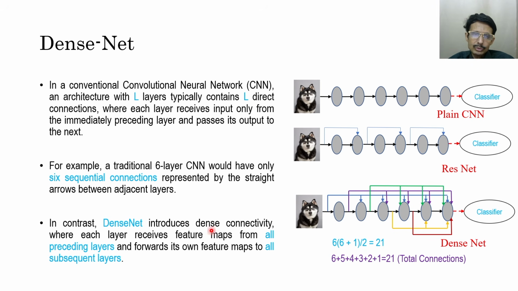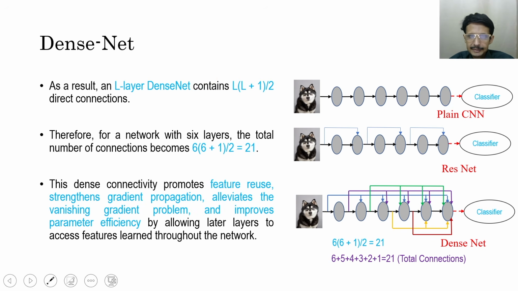So DenseNet introduces dense connectivity where each layer receives feature maps from all preceding layers and forwards its own feature maps to all subsequent layers. As a result, an L-layer DenseNet has L into L plus 1 by 2 direct connections. Therefore, for a network with 6 layers, the total number of connections is 21.